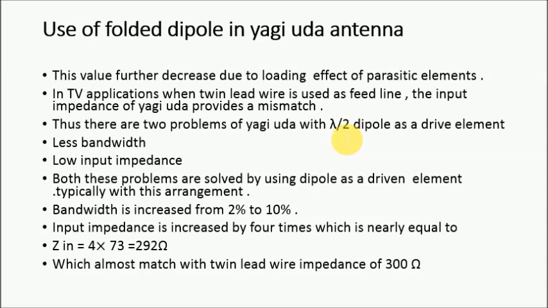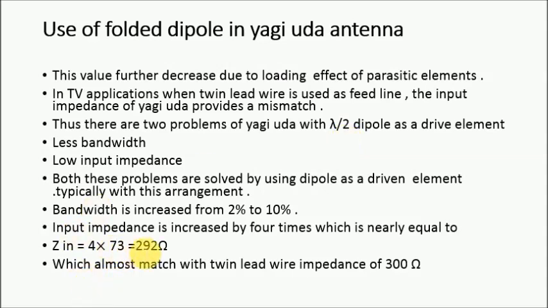Because of these drawbacks, the Yagi-Uda antenna has less bandwidth and low input impedance, and we can solve the problem by using the folded dipole as the driven element. With this arrangement, the bandwidth is increased from 2% to 10%, and the input impedance increases 4 times compared with the previous one.